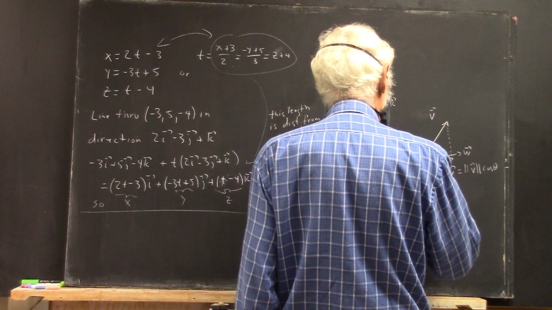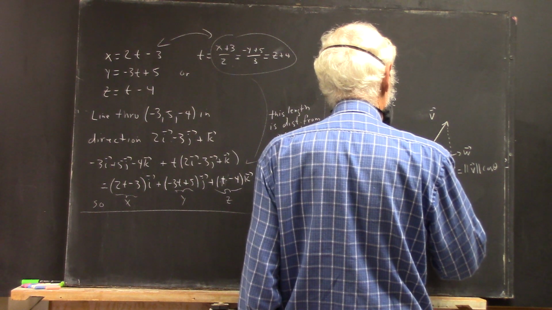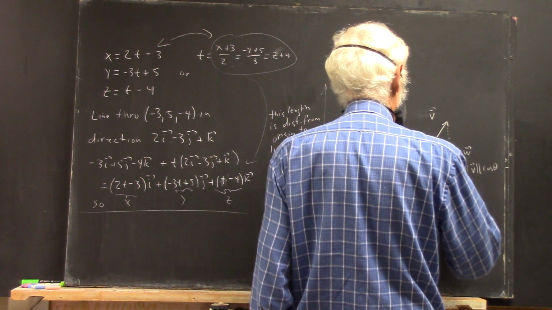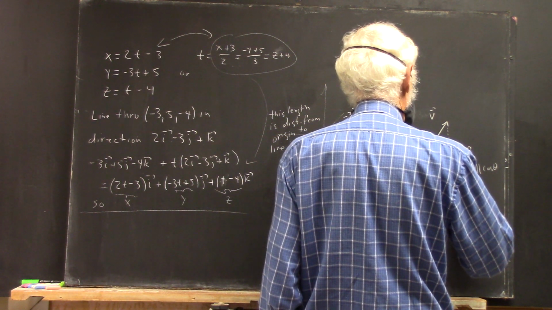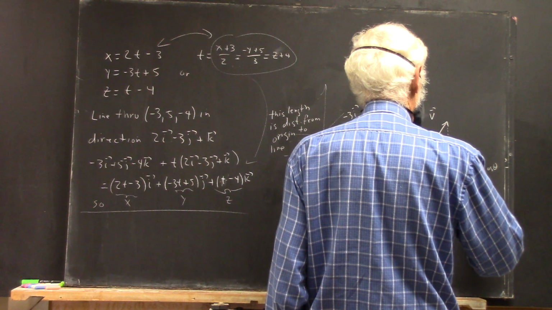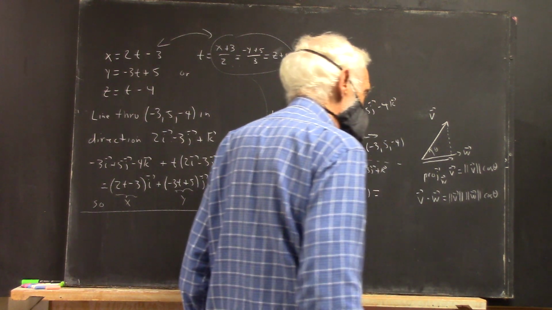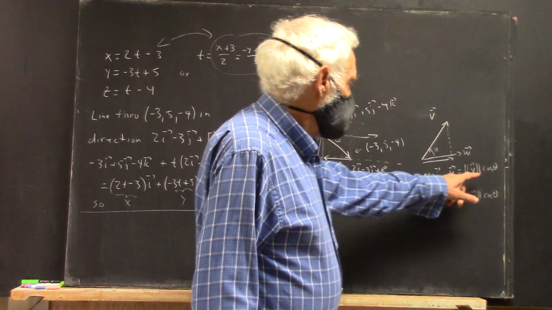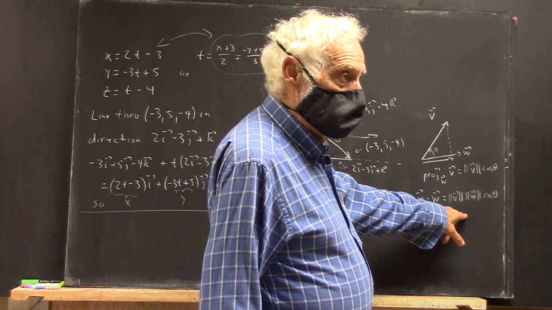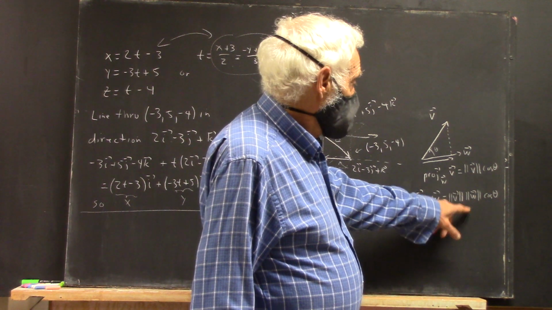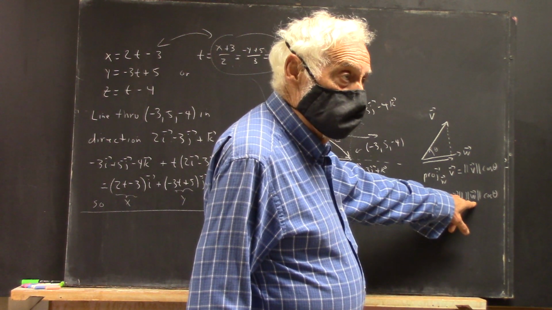The dot product, v dot w, is magnitude of v, magnitude of w, cosine theta. So how does this compare to this? Well, it's the same, except you got this magnitude of w in here.